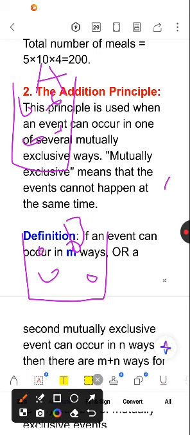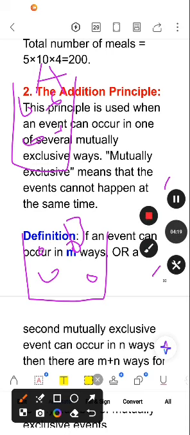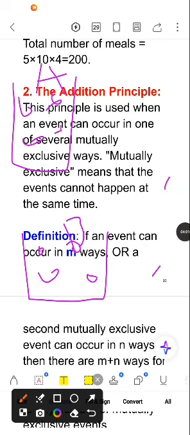Whereas selections or objects that can occur at the same time but are independent, where the selection of one does not depend on the other, we say they are mutually inclusive, and for that matter, the multiplication can be used. But in this case, the addition principle is involved because they are mutually exclusive. They cannot occur at the same time.